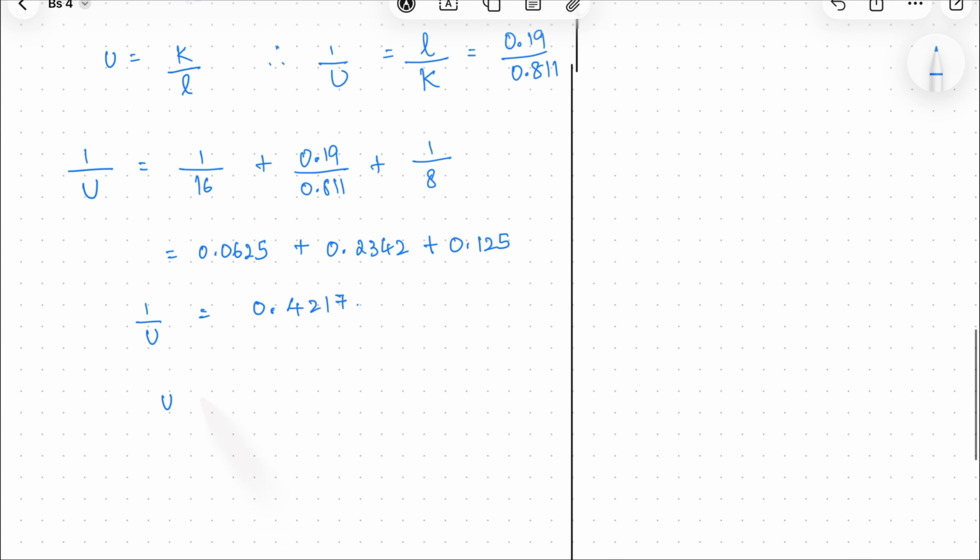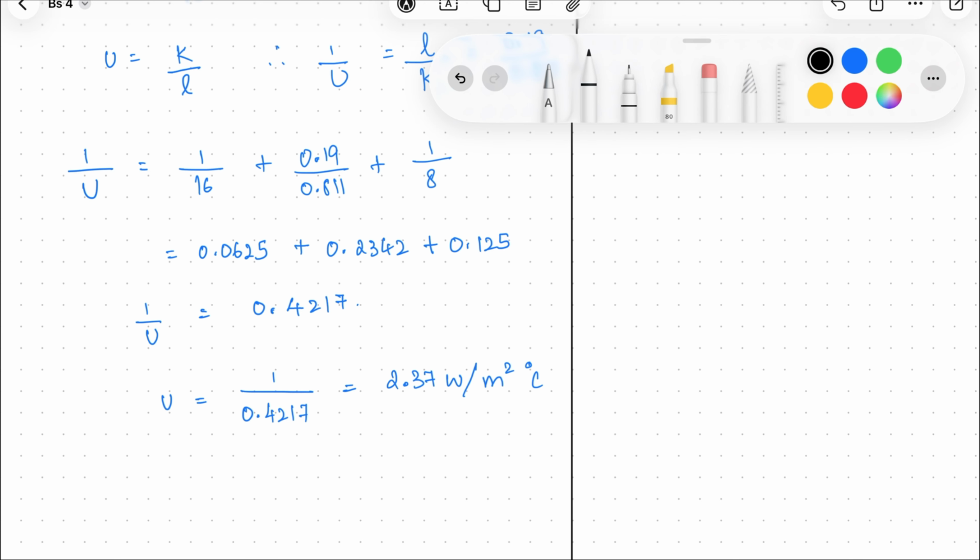Then what is your U value? Your U value is the reciprocal of this. So it is 1 by 0.4217, which will give you 2.37 watt per meter square degree Celsius. So the U value of the wall is 2.37 watt per meter square degree Celsius.